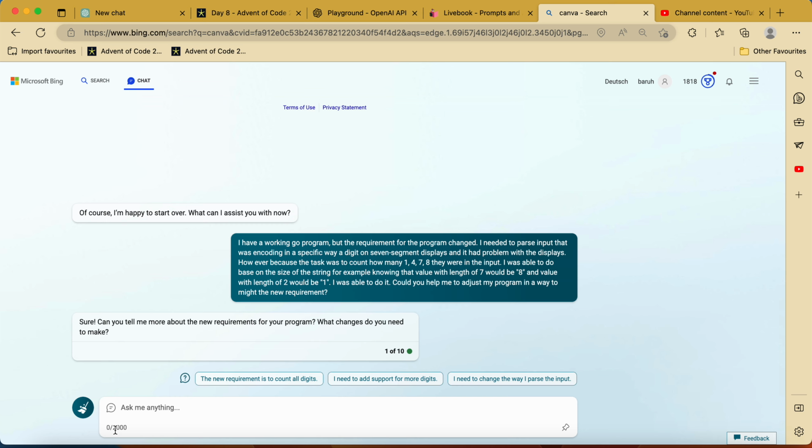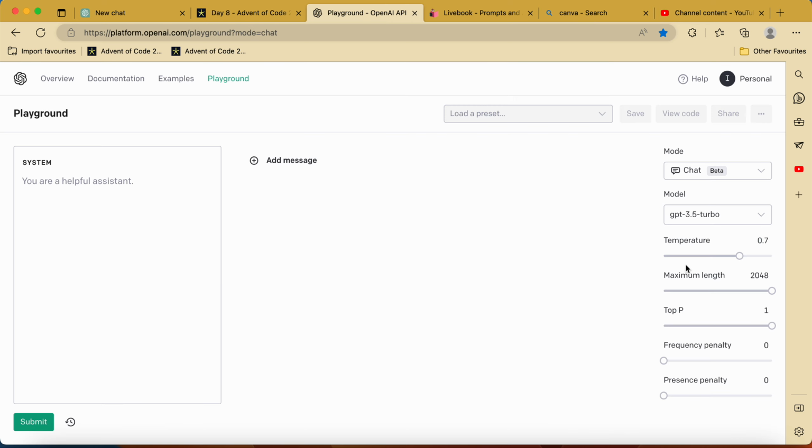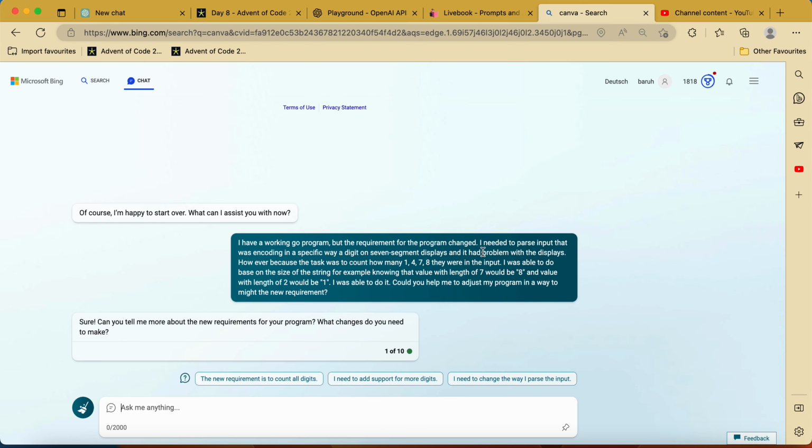The cap is 2000 characters, which is significantly smaller than the input for ChatGPT, which is up to 4000 tokens including the reply and the input, and each token corresponds on average to about 5 characters.